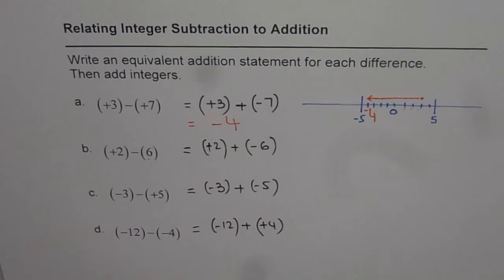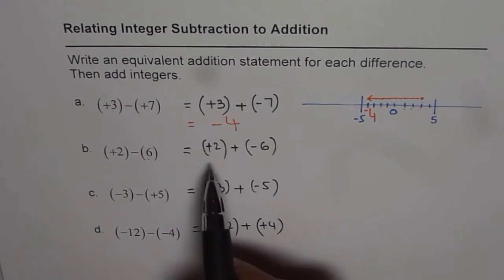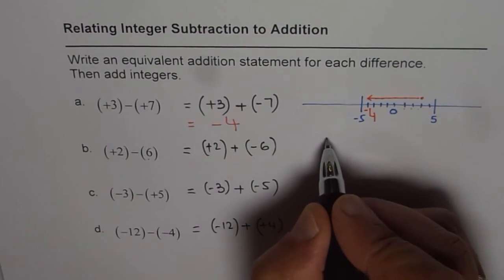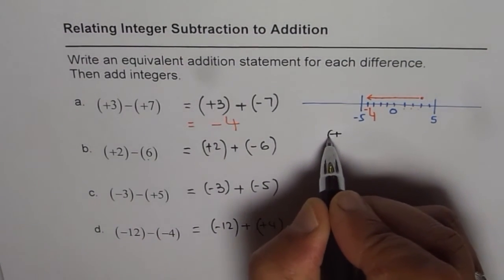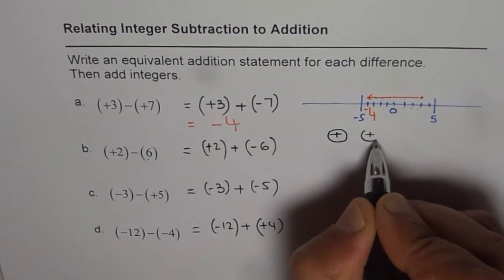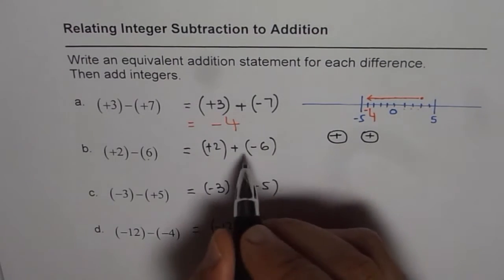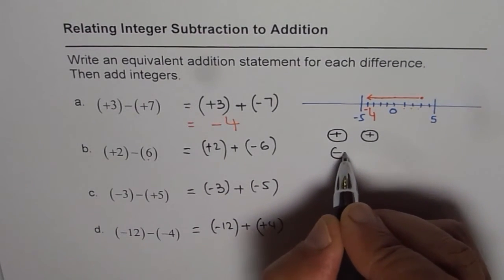Let's do the next one with the help of counters. So we have plus 2 plus minus 6. Plus 2 means two positive counters. Let's say this is 1 and this is another 1. Now we have to add negative 6. Negative 6 means 6 negative counters.